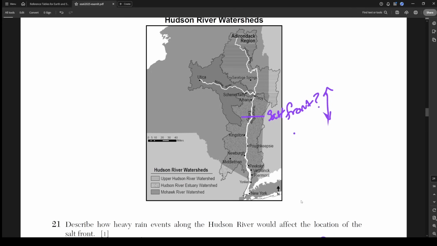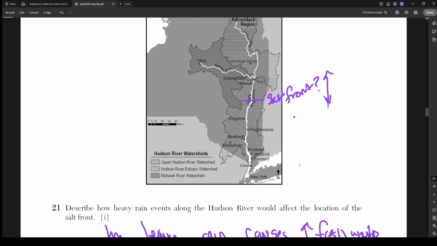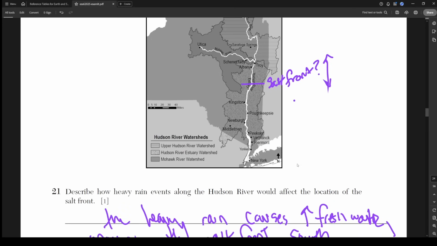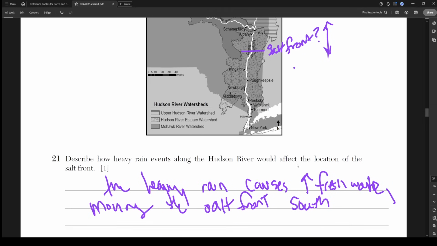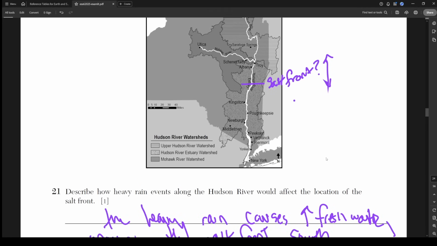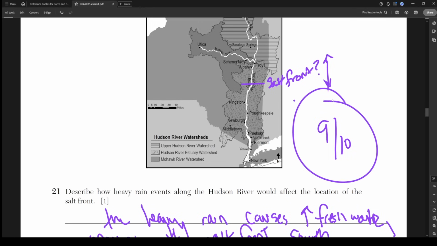So the students would need to know where the Atlantic Ocean is. First off, I would give this question a 9 out of 10. This question is hard. And I know it's secretively hard. But I bet you a lot of people got that wrong.